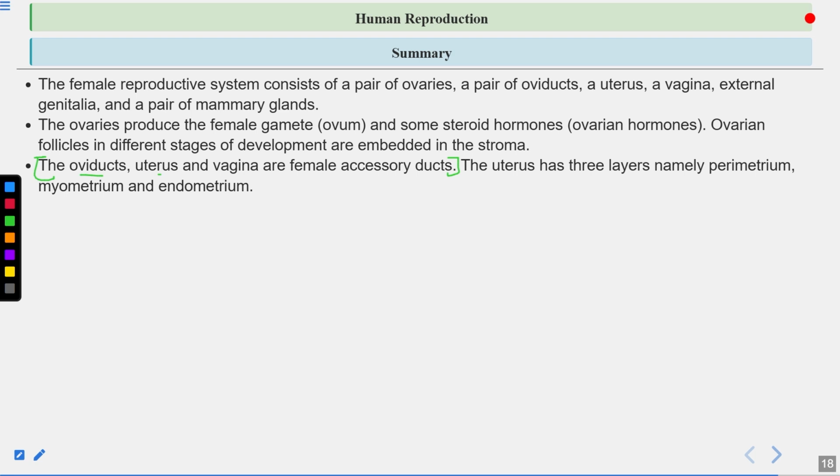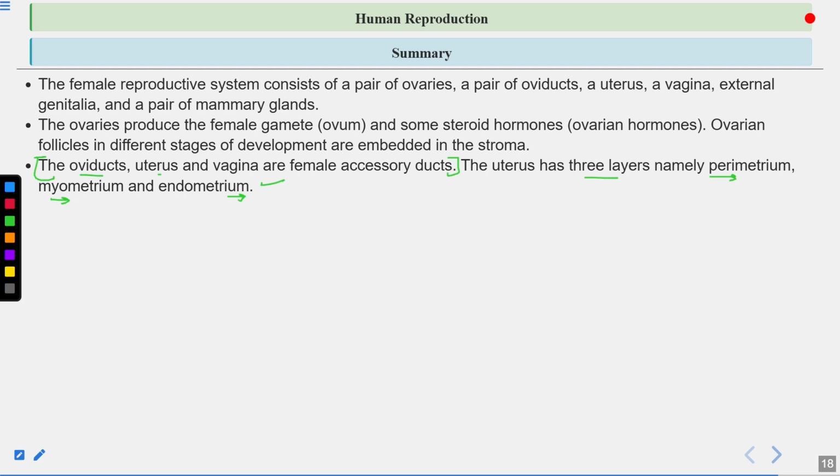A uterus has 3 layers. The external is known as perimetrium, which is membranous. The middle one is known as myometrium, which is made up of smooth muscle cells. And then there is the endometrium, which is the innermost layer of the uterus. Endometrium undergoes cyclic changes during the menstrual cycle, which means its thickness varies.